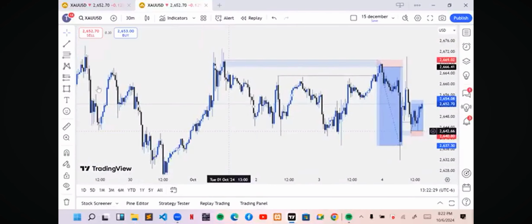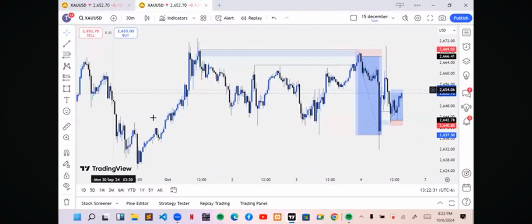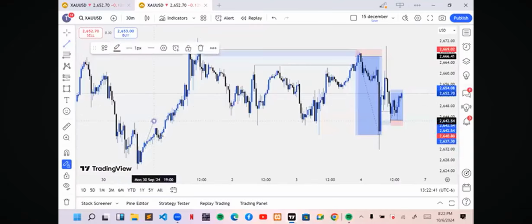Paying attention to this trade right here, you can see the market making a series of higher highs and higher lows. Then the market did what?